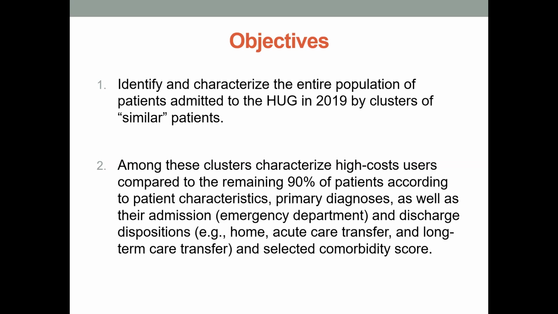And you also collect different variables like type of admission, emergency department, and where the patient goes after the stay at the hospital, go at home, acute care, and so on. And what we call also the comorbidity score, which is a score because each patient could have a lot of diseases, and the more diseases he has, the more the comorbidity score will be high.